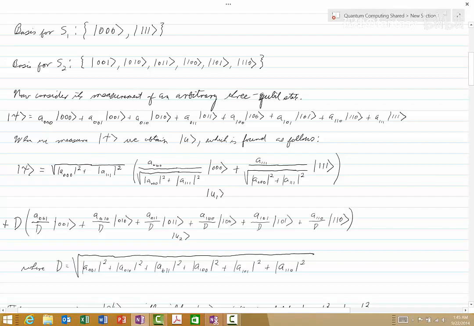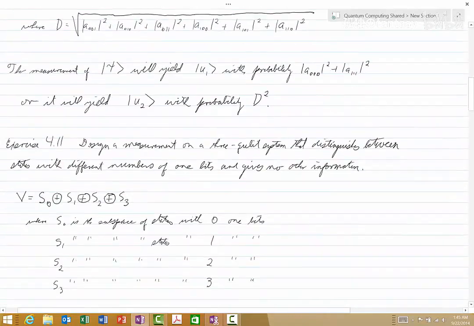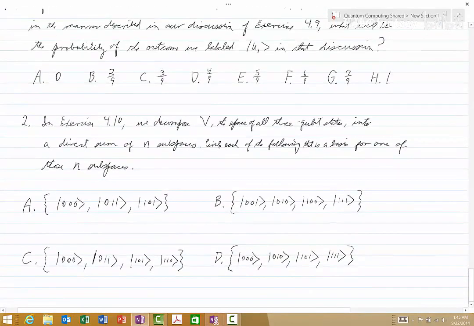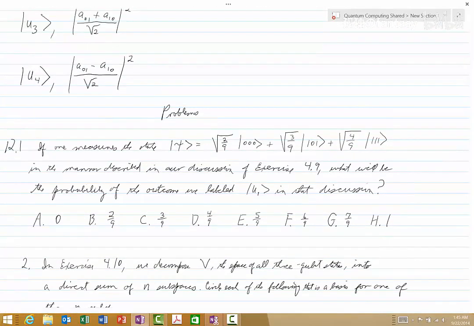That's what we identified as U1, and so you want to identify the probability of measuring U1, and the choices are A is 0, B is 2/9, C is 3/9, D is 4/9, E is 5/9, F is 6/9, G is 7/9, and H is 1.